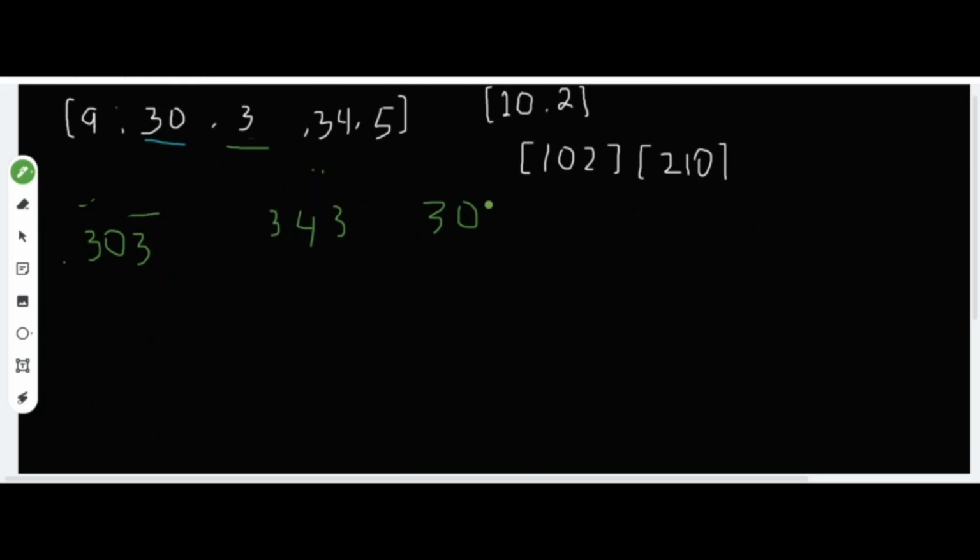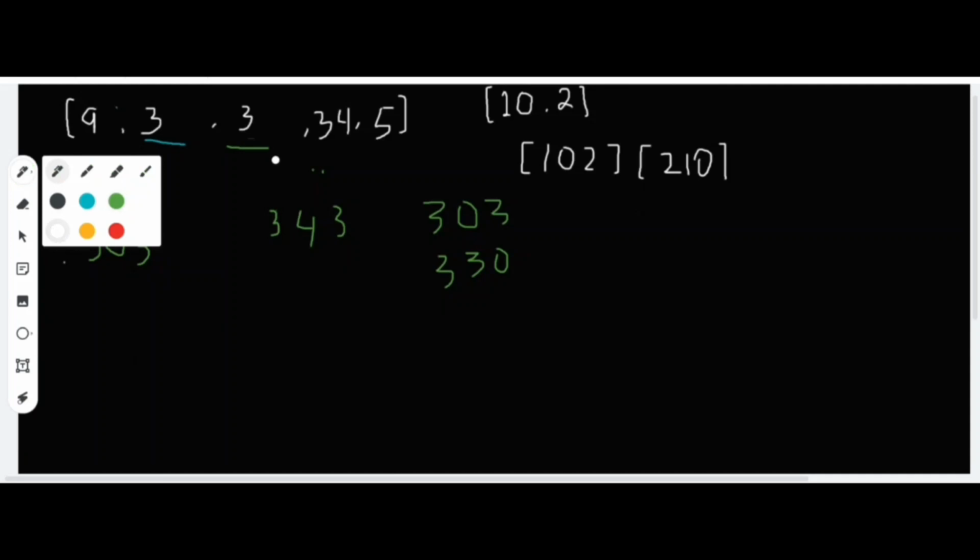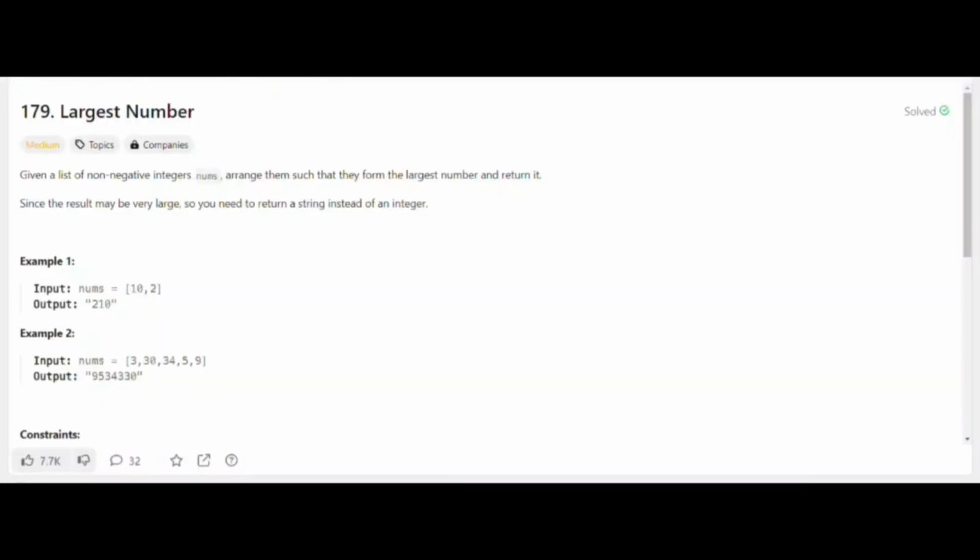The combination will be 303 and 330. So that means you need to swap them again. That is how you do that, and the same goes for all the rest. Now you have the idea of that. Let's jump into the code.